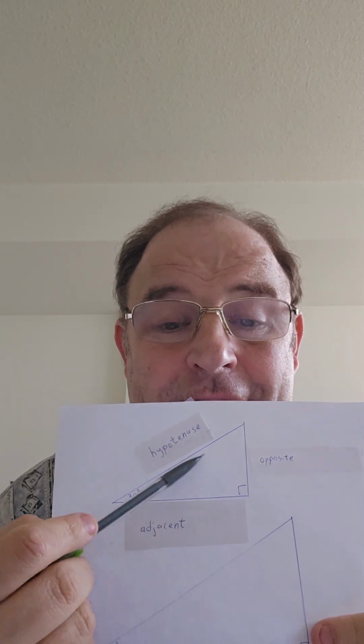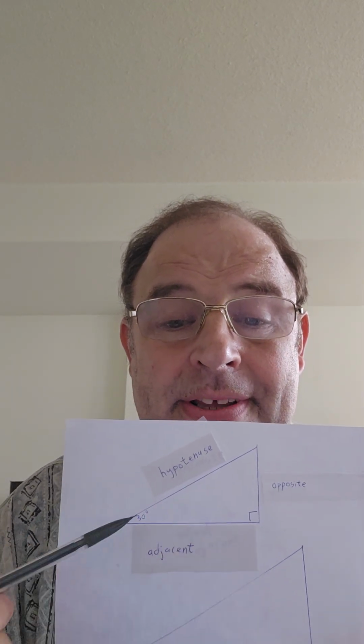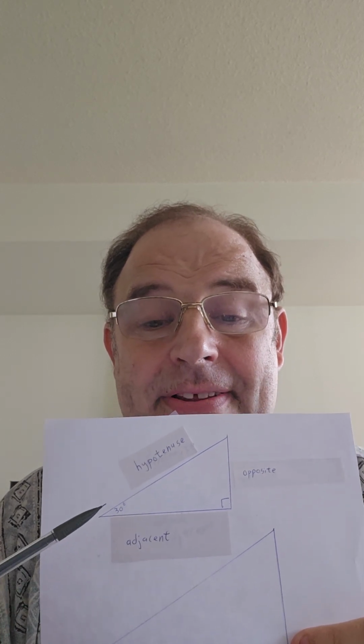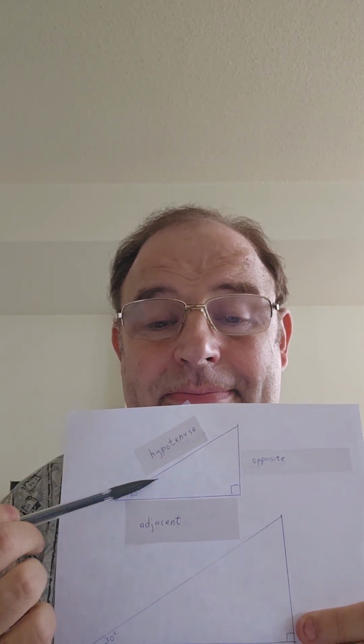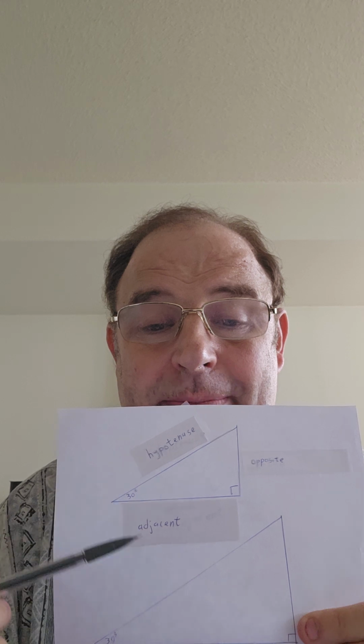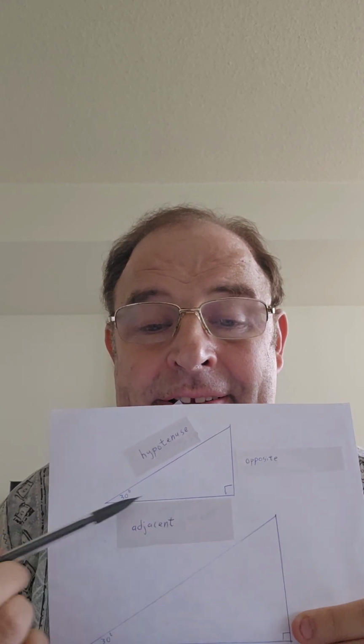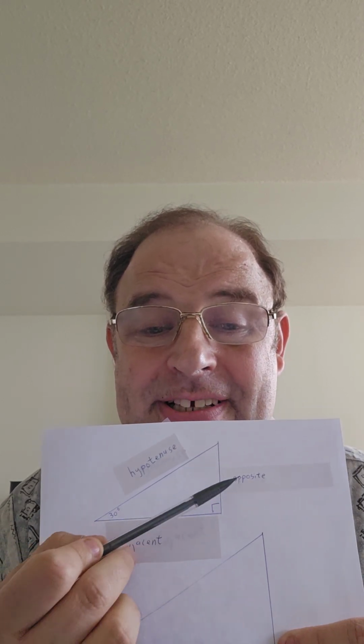Okay. The meaning of tan of 30 degrees is, if I have a triangle with 90 degrees and 30 degrees, I attach names. The longest side, the one opposite 90, is always called the hypotenuse. The other side next to the angle we're referring to is called adjacent.